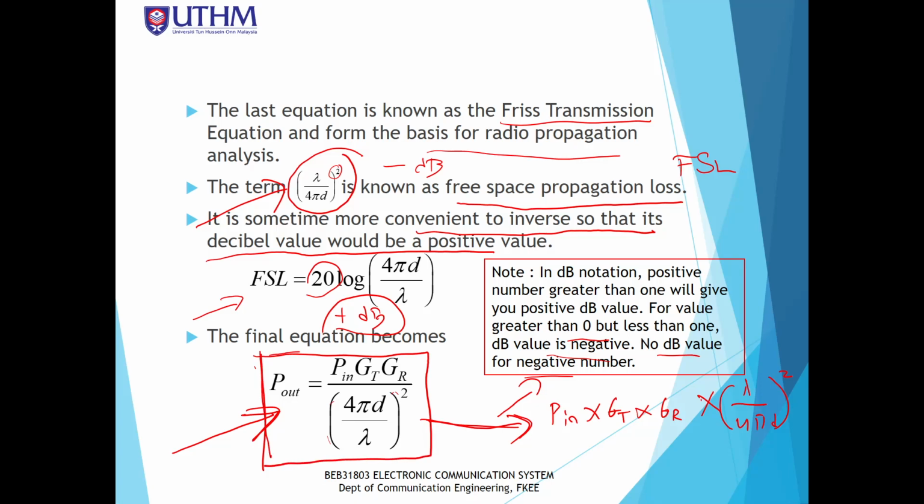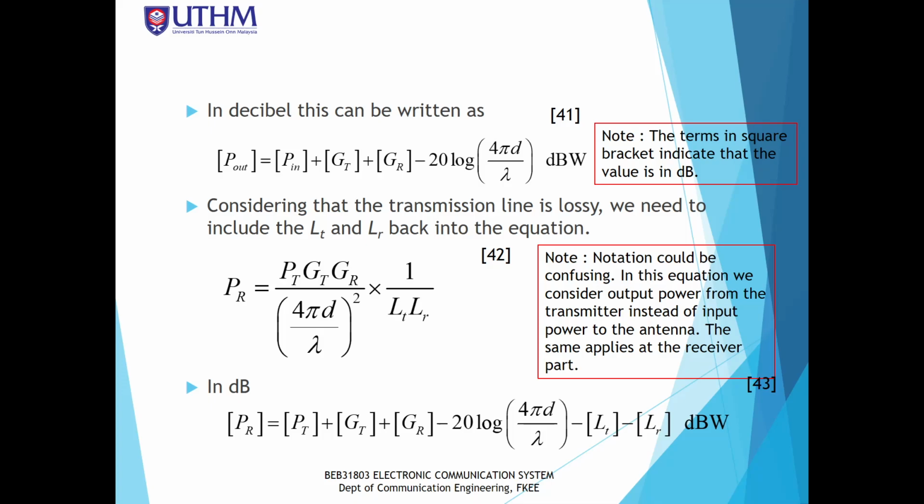This is the final equation in watt, but when we want to calculate in decibel, because it is easier to calculate in decibel, lebih mudah untuk calculate secara dalam bentuk decibel. So therefore, P out is equal to P in. So it depends, class. If this is a dBW, that means P in is in dBW.